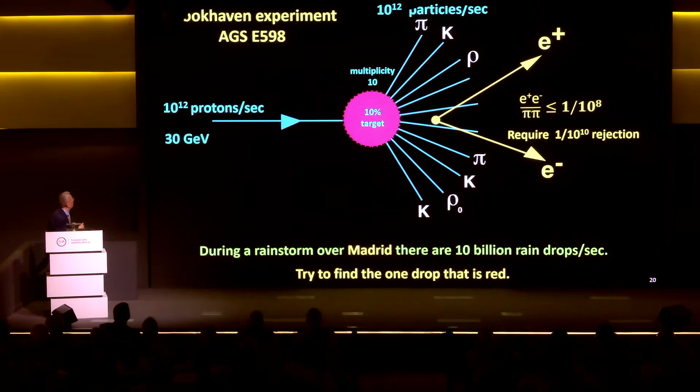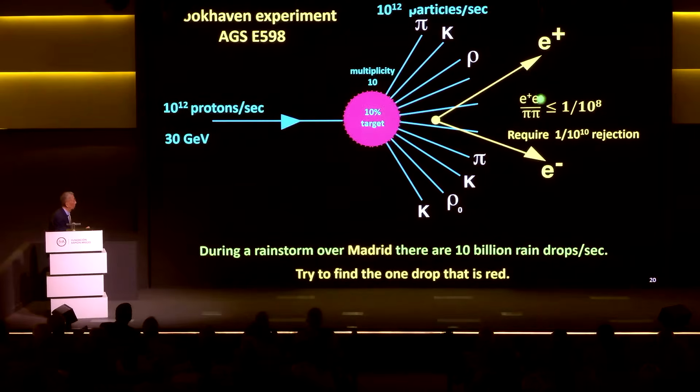So this is the Brookhaven experiment. You have 10 to the 12 protons of 30 GeV on a 10% target. The multiplicity is 10, therefore you produce 10 to the 12, 1,000 billion particles per second. Of the 1,000 billion particles per second, the most rare is the electron-positron pair.